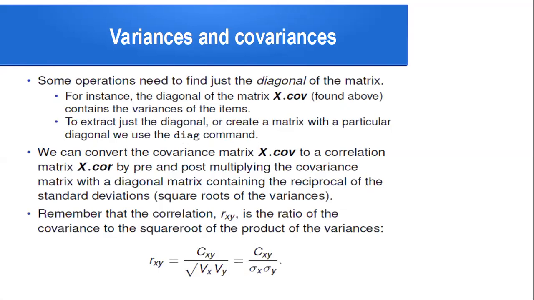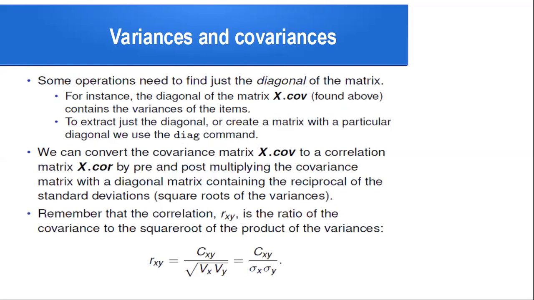We can convert the covariance matrix X dot cov to a correlation matrix X dot cor by pre and post multiplying the covariance matrix with a diagonal matrix containing the reciprocal of the standard deviations, square roots of the variance, right?